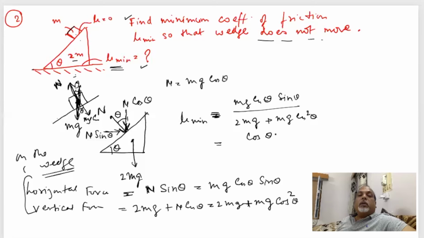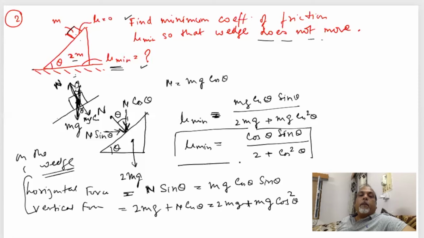What happens? Cos theta sin theta upon 2 plus cos square theta. So this is the answer. Correct?